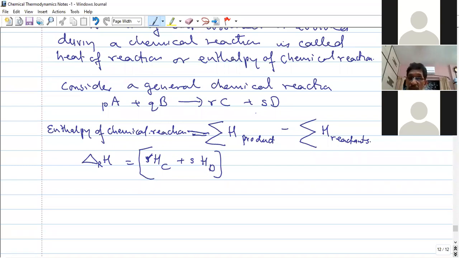It will be given to you. Enthalpy of D, that also will be given to you. खाली कोएफिशिएंट से मल्टीप्लाई कर. So R into enthalpy of C plus S into enthalpy of D, ये टोटल हो गया enthalpy of the product. अभी enthalpy of the reactant. Reactant कौन है? A and B. So P into enthalpy of A plus Q into enthalpy of B, that is enthalpy of reactant.